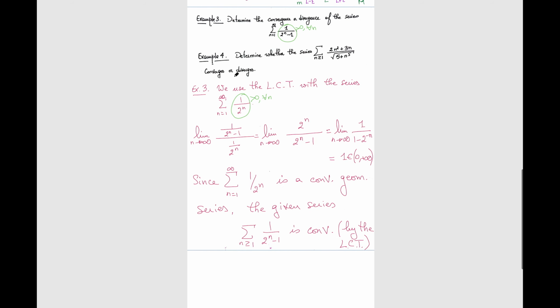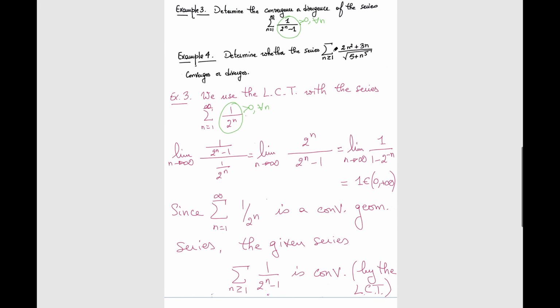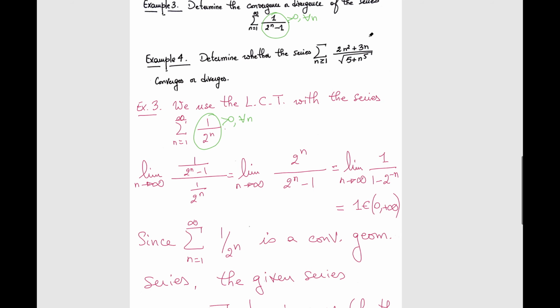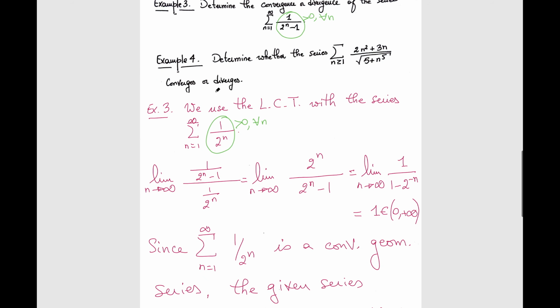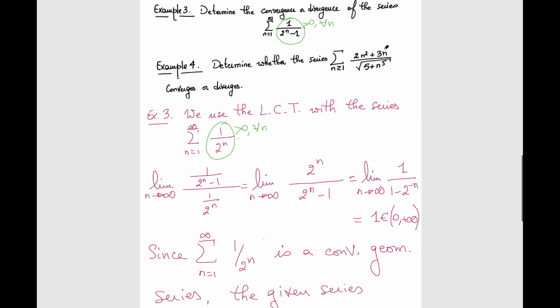All right, the last one, example 4. Determine whether the series whose terms are 2n squared plus 3n divided by square root of 5 plus n to the power 5 converge or diverge. Okay. So as we did for example 3, I'm going to realize first that this term is positive for all n, clearly.